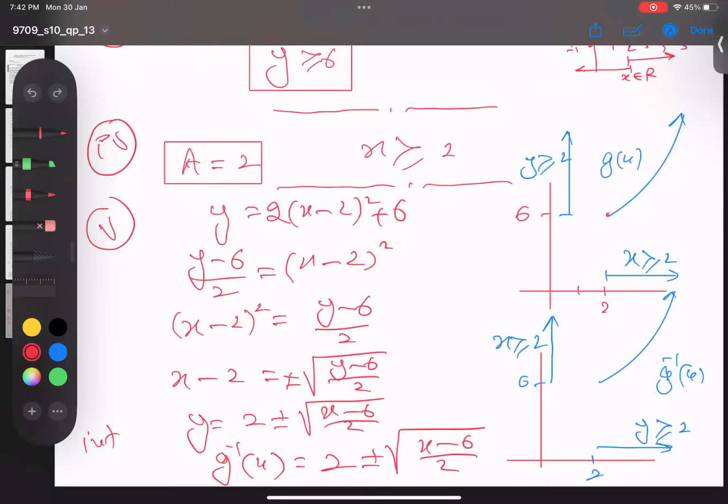See, the range value is increasing from 2 onwards. Whenever increasing comes, we must put plus here, no minus sign. If it is coming to the left side, not this way, then we must put a minus sign. I hope you got the point, and that's it. And the question is completely over.